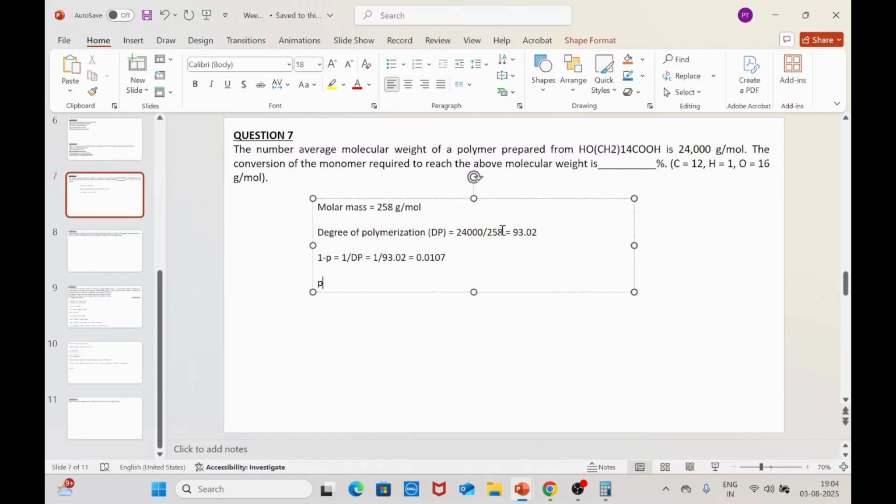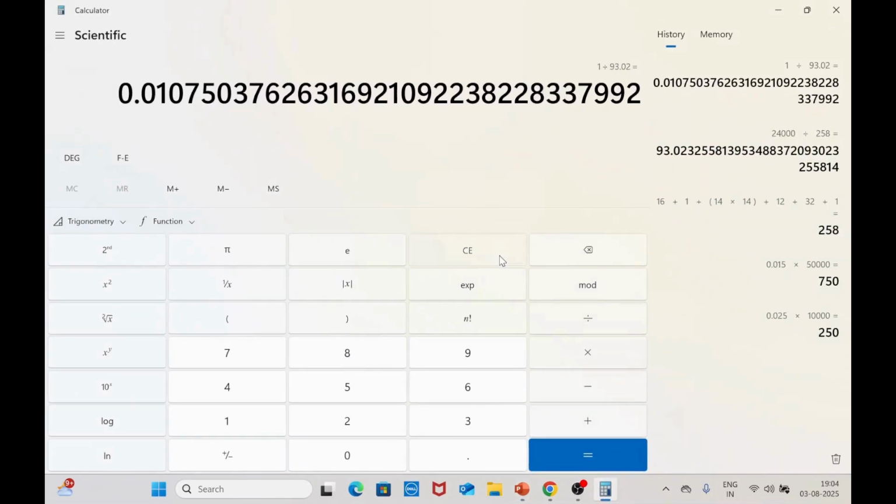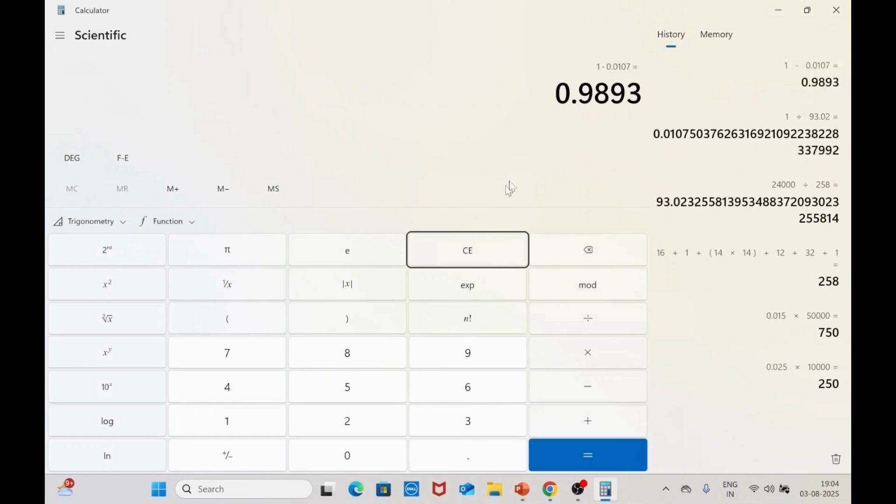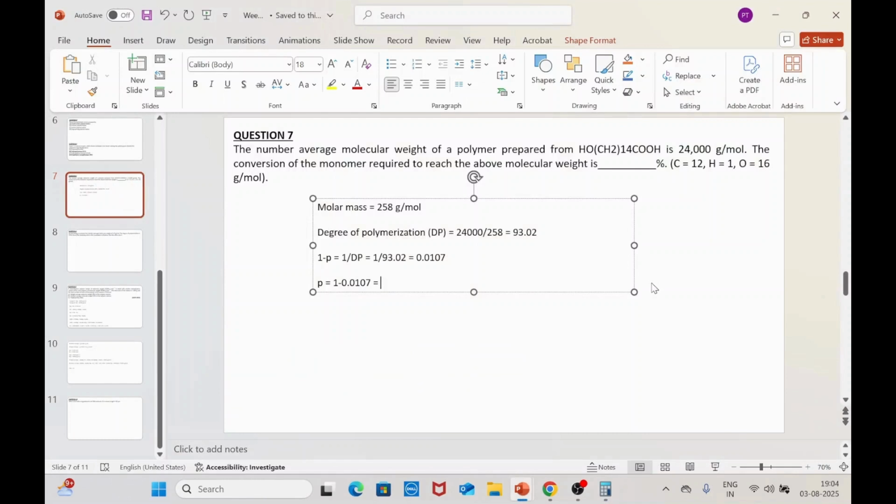And if you subtract, then p will be 1 minus 0.0107, which is 0.9893.